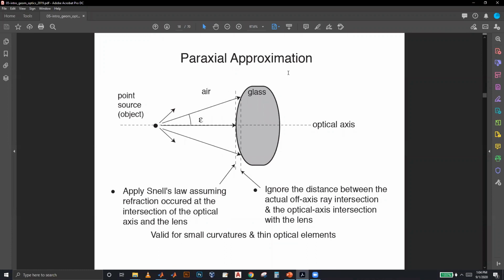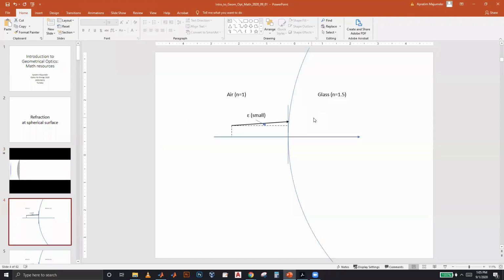So next, in the paraxial approximation, what happens is if we assume these angles are very small, it means that the distance between the ray which is hitting the curved surface at this point and the ray which is hitting the curved surface at this point is also very small. So it is okay to neglect this small distance basically. So now I'll resort to my PowerPoint again.